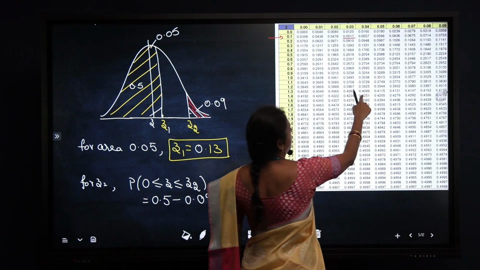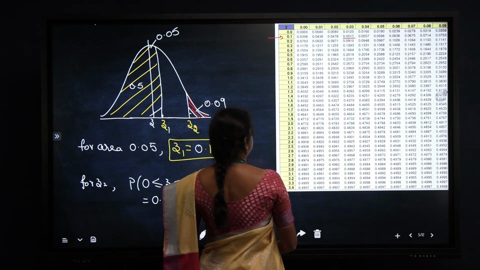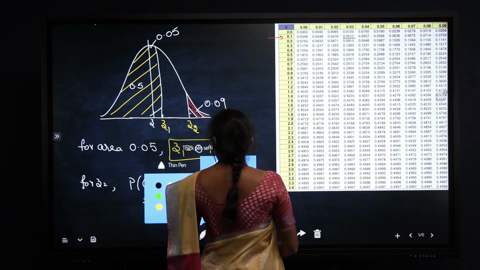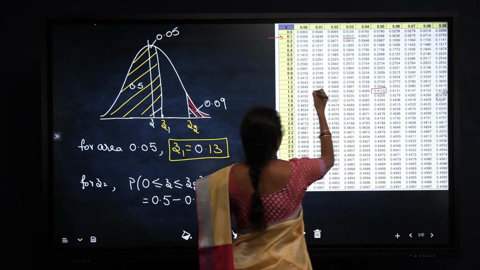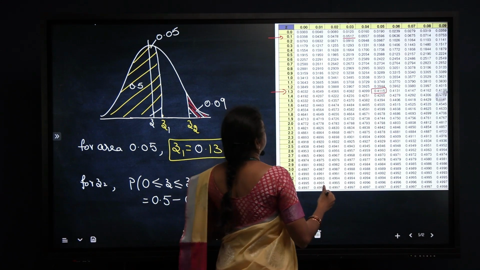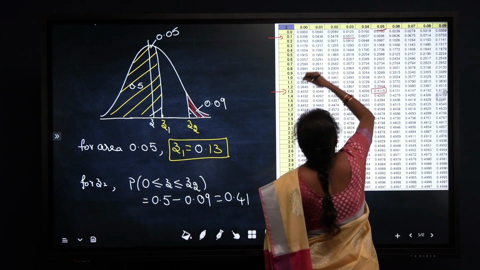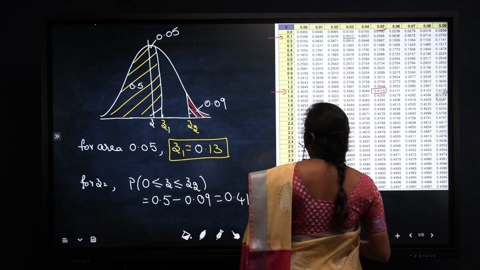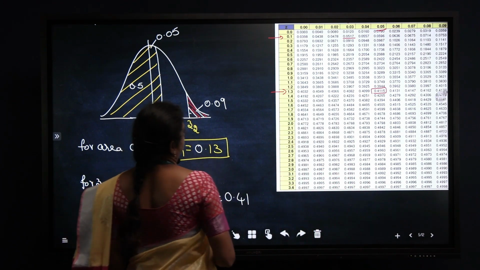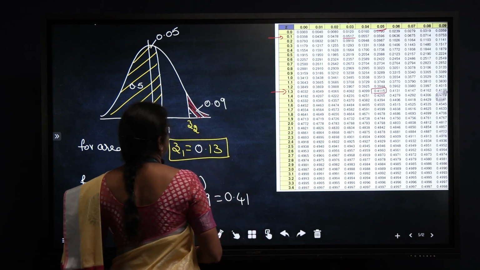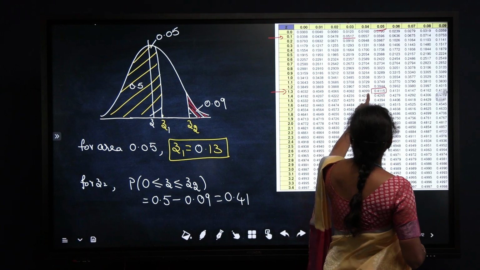See here, this is 0.409 and this is 0.4115. So here the value is 0.4115 under what? Under 1.3 and above this value is 0.05. So the value is 1.35. So under 1.35 the value we have is 0.4115, or we can take the nearby value 0.4099.